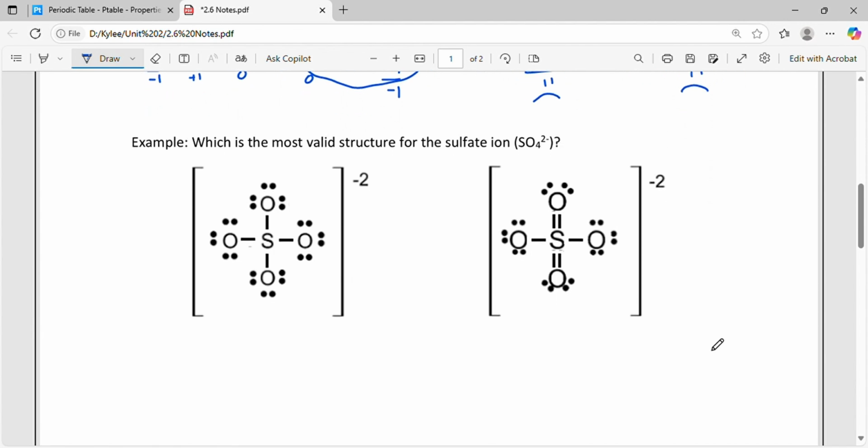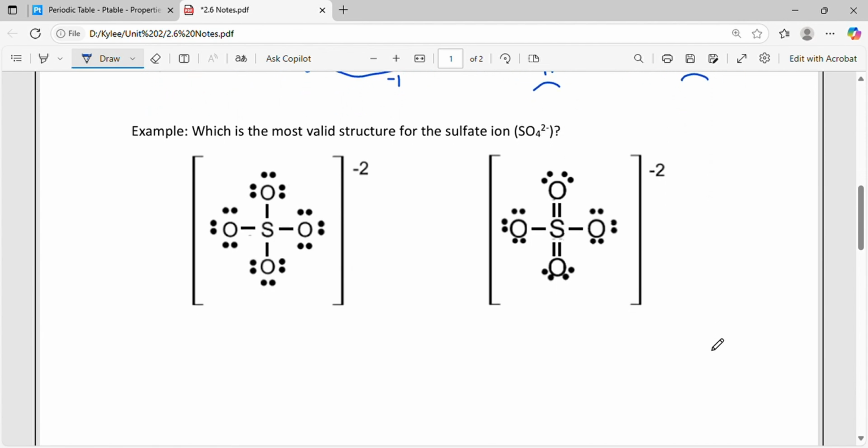All right, here we have a second example where we've got 2 different versions of sulfate ion, and they want us to determine which one is most valid. So on the sulfate on the left, each oxygen is going to be the same because they all have 6 valence electrons and 1 bond.